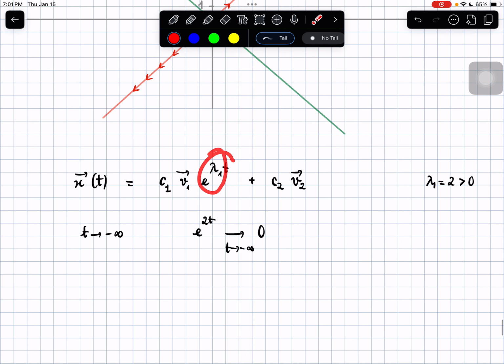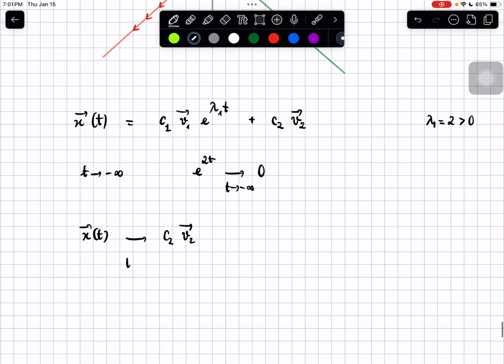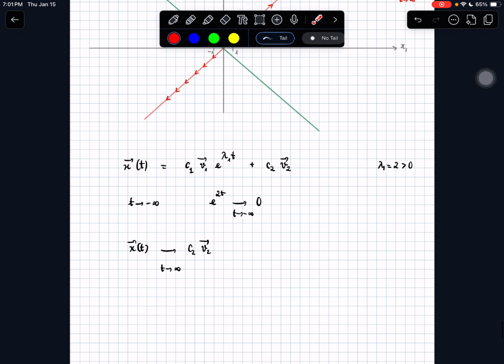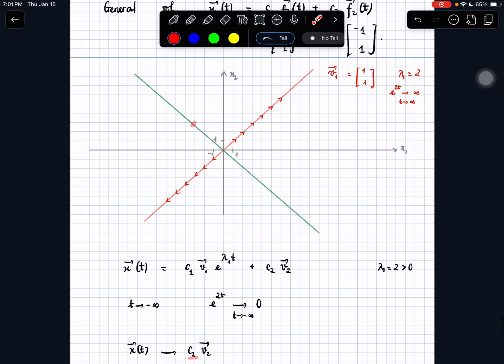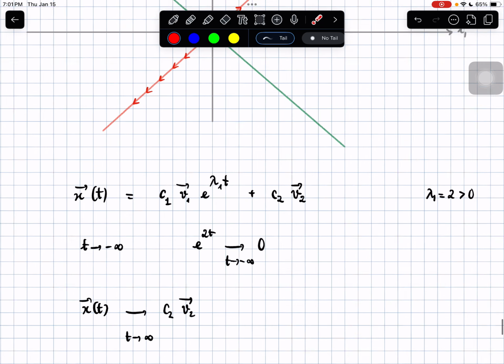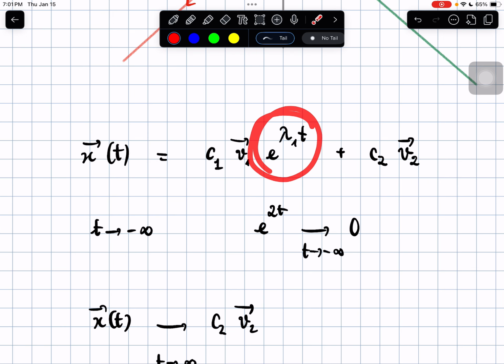This whole thing tends to 0, so X(t) tends to the point c2 v2 when t tends to minus infinity. So for each value of c2 we go to one point.